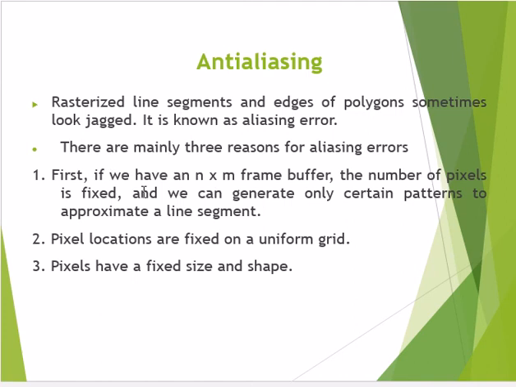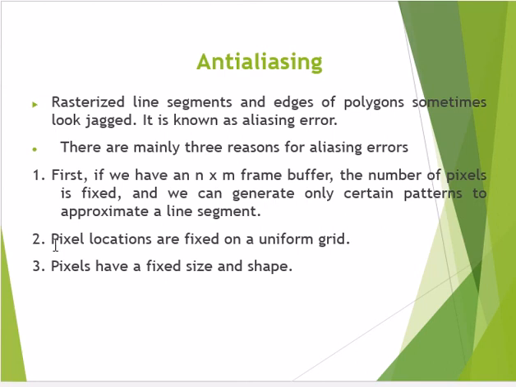The first is, if we have an n cross m frame buffer, the number of pixels is fixed and we can generate only certain patterns to approximate a line segment. Beyond that, we cannot generate the other patterns.